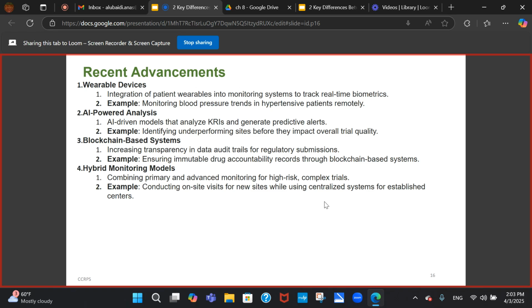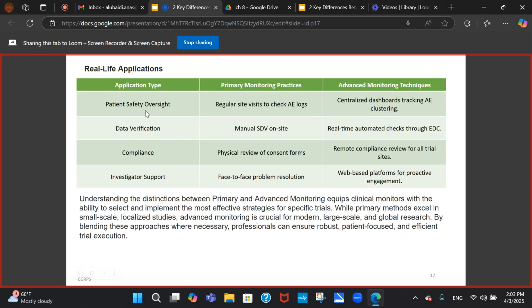So real-life applications. Here we have this table: application type, the primary monitoring practices, and the advanced monitoring techniques. For patient safety oversight, primary has regular site visits to check AE logs, while advanced has centralized dashboards.